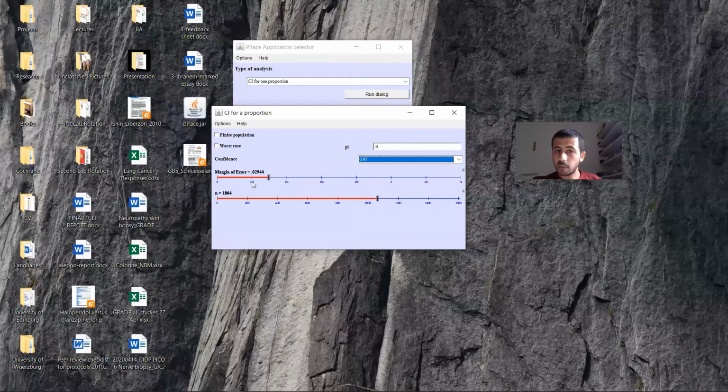But my margin of error will be like 60% plus minus 3%. Isn't that better than saying 60% plus minus 10%?